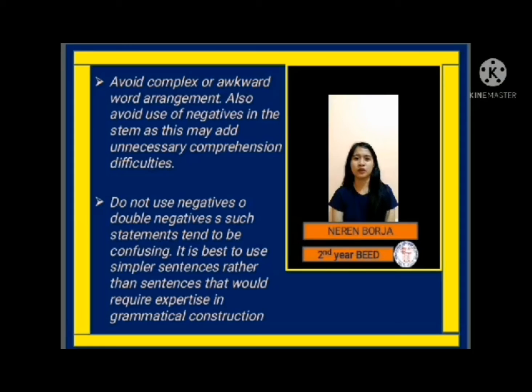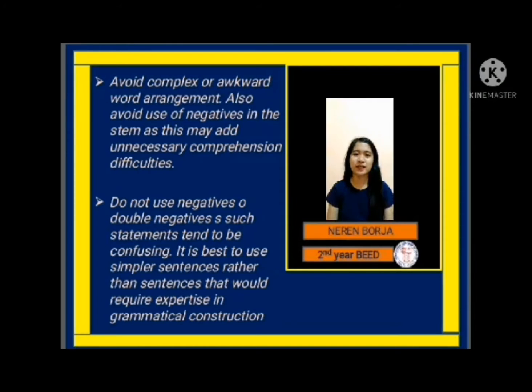Senator Bong Marcos stated that he wanted to run for the Limas under the Partido Federal of the Philippines. So the word arrangement is very complex and awkward, but to make it better: Senator Bong Marcos to run for president.